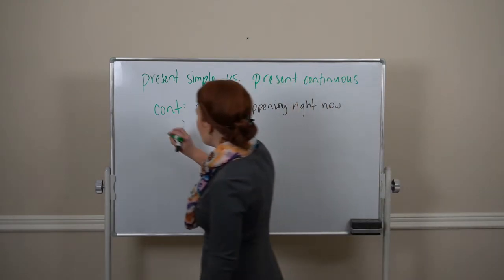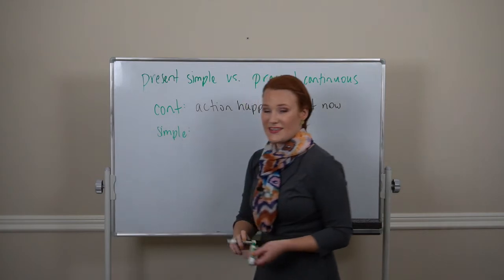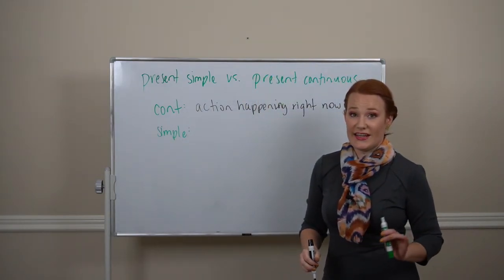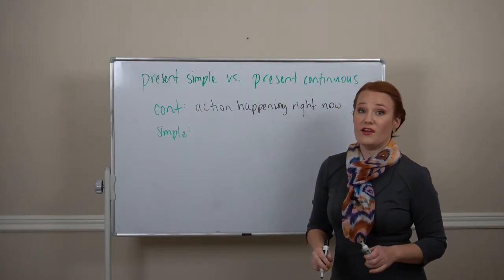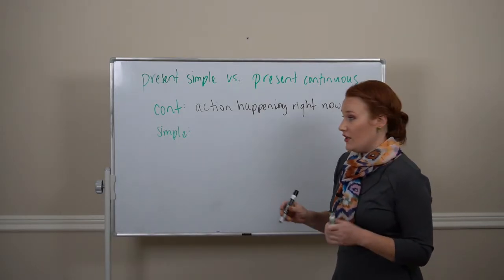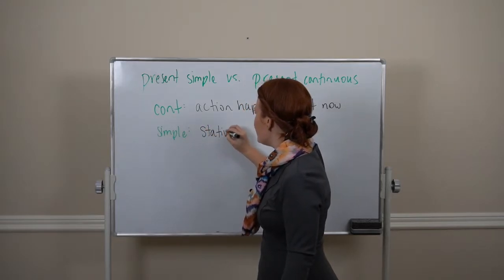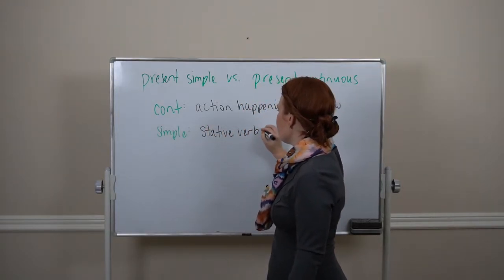So remember that there are some verbs that we can't use in a continuous tense. We call those stative verbs. So for stative verbs, we have to use the simple tense.